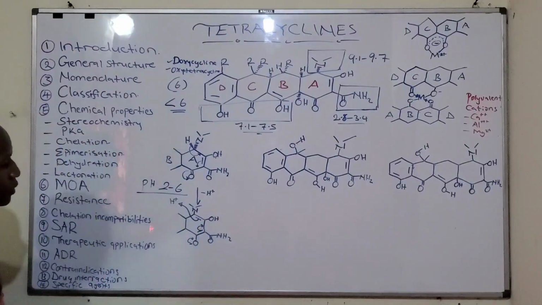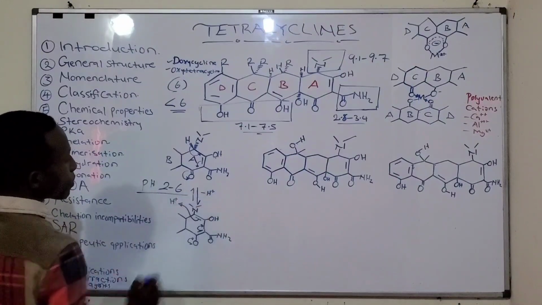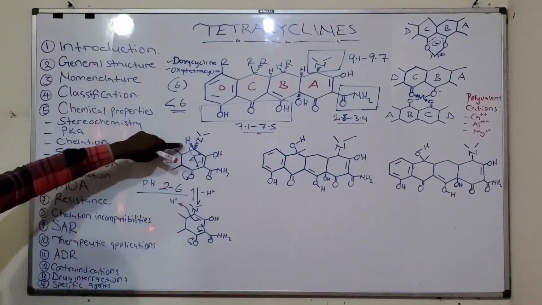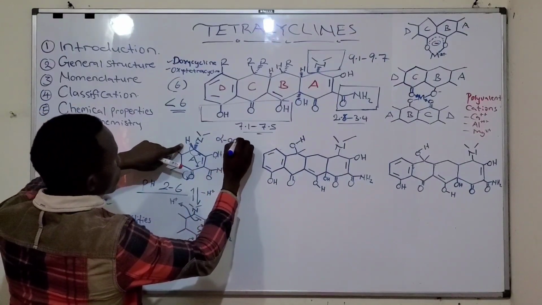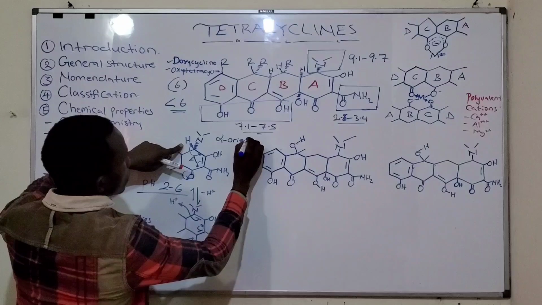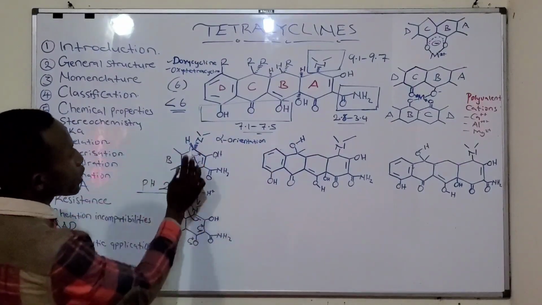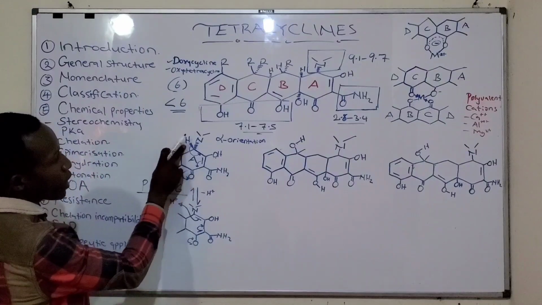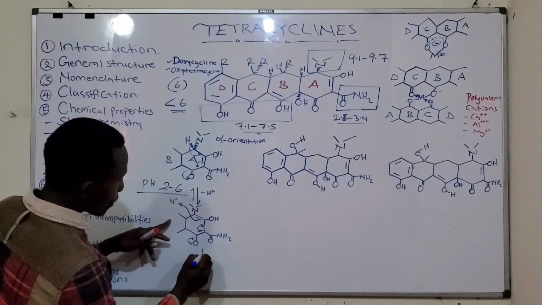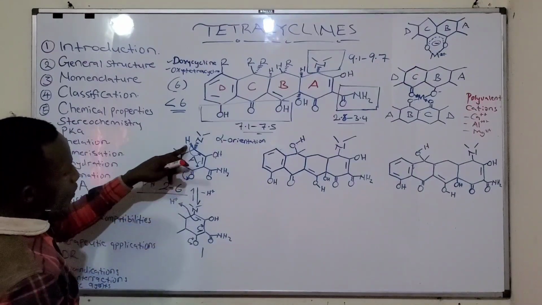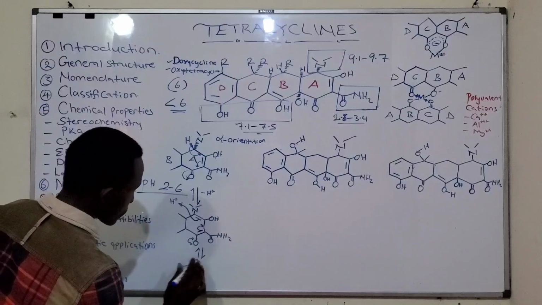When it gets the proton, it can go back to this group and form a ring like this one. So this is the alpha orientation. This nitrogen is on the dashed bond, and the hydrogen is on the wedge bond. But sometimes, if you get the proton, it may not look like this. You shall get this.